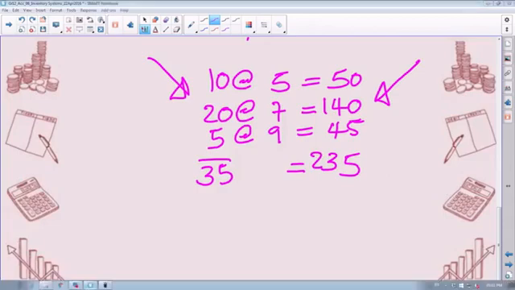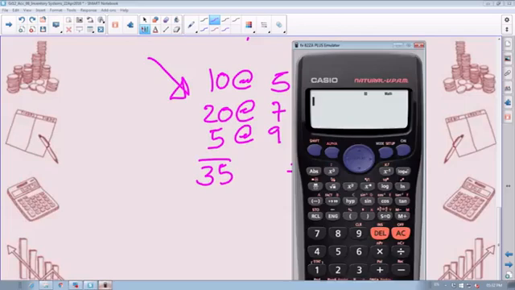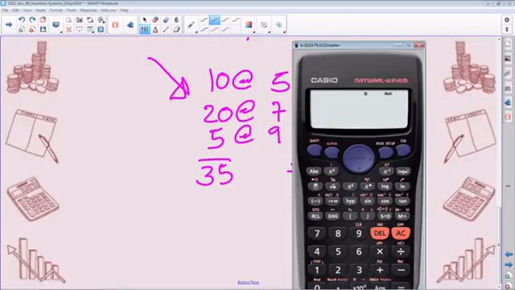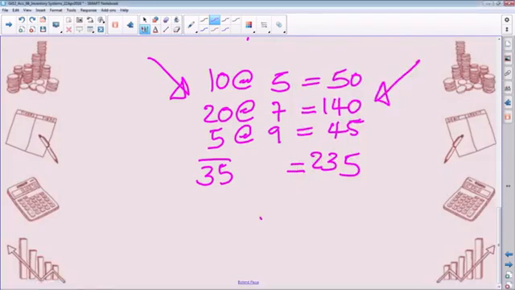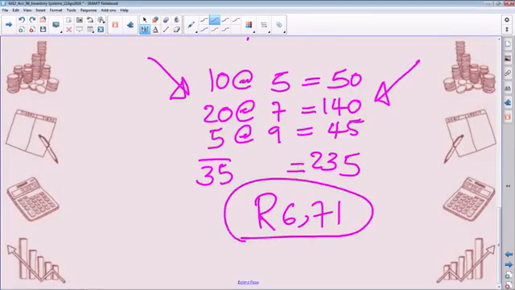We say, fine, let's take our calculator, and we say the value was 235 divided by the quantity, which is 35, to give me a figure of 6 Rand 71, and therefore 6 Rand 71 is what we refer to as the weighted average.